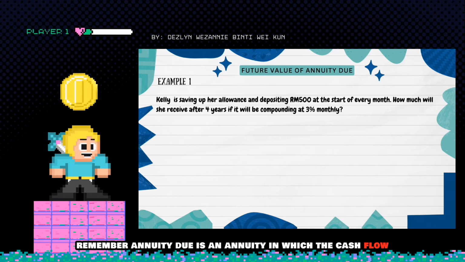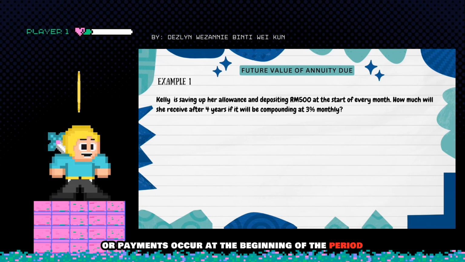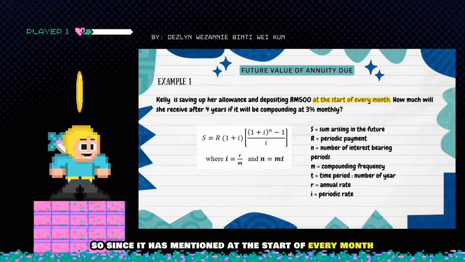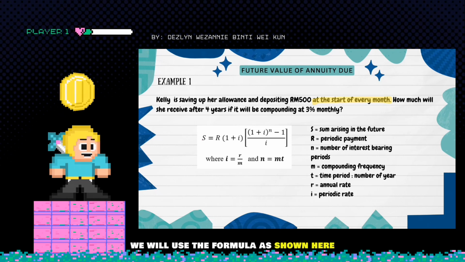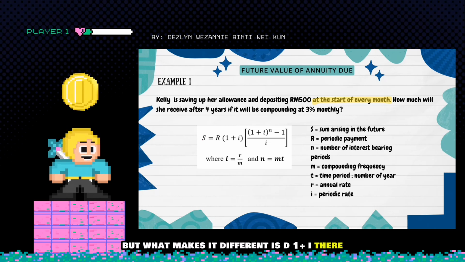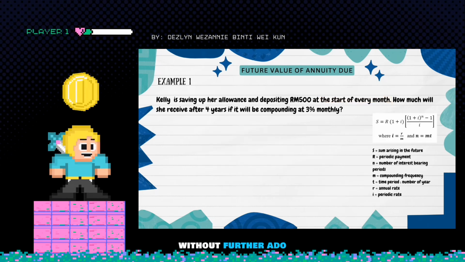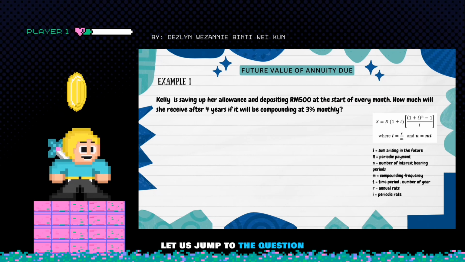Remember, annuity due is an annuity in which the cash flow or payments occur at the beginning of the period. So, since it mentioned at the start of every month, we will use the formula as shown here. Similar to the ordinary annuity formula, but what makes it different is the 1 plus I there. Without further ado, let us jump to the question.